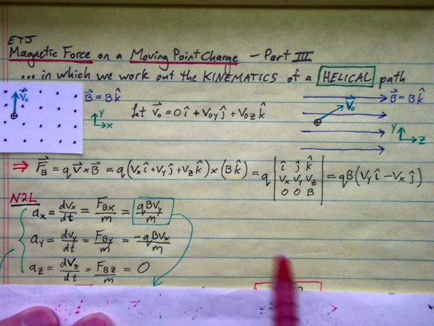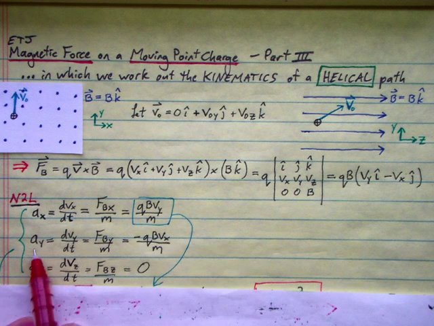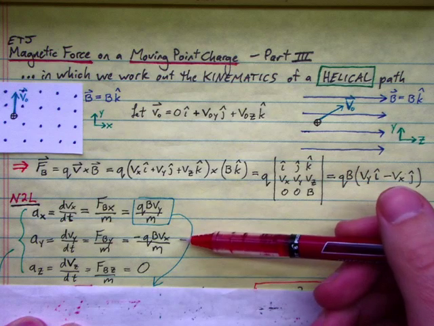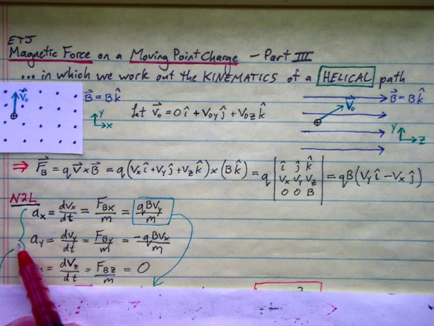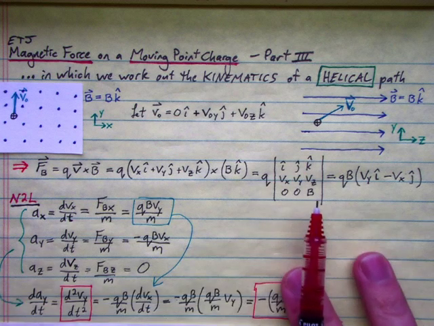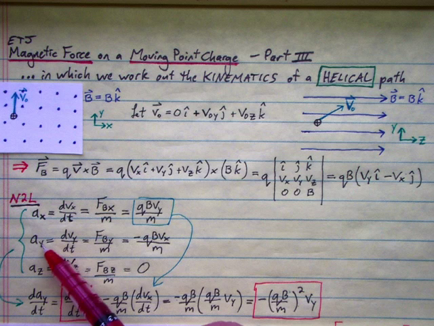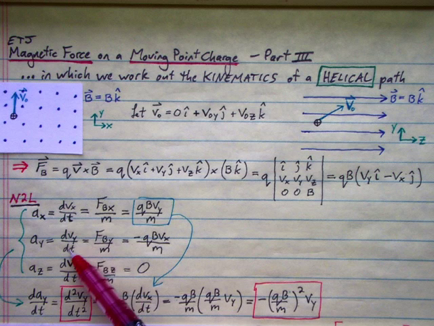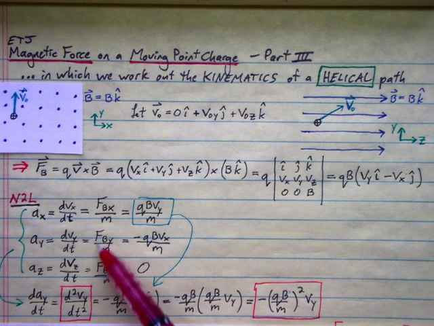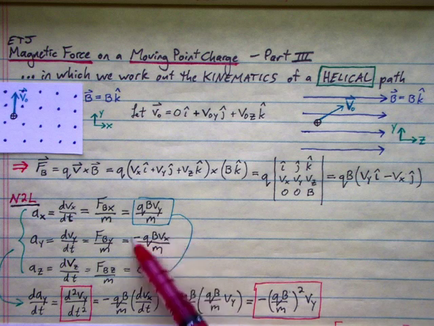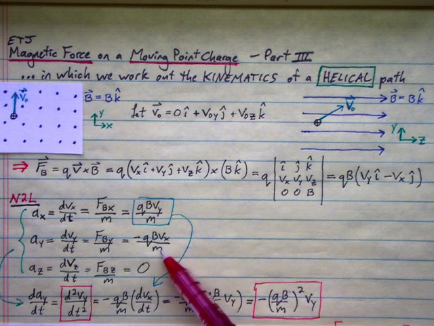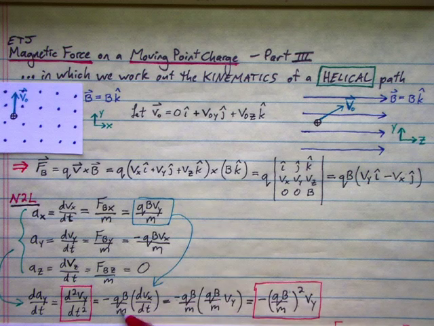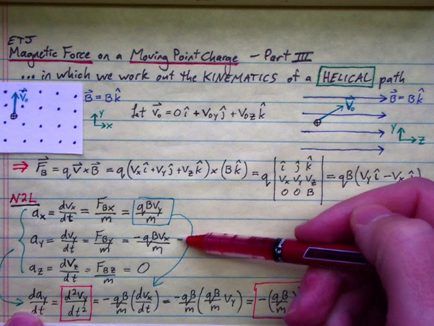So to do that, I'm going to try a little trick here. I'm going to look at the second of these three equations and take the time derivative of this whole equation. So day/dt will be equal to d squared Vy/dt squared. Skip this term, go over here, and we want d/dt of this. qB and m are constants, so it'll be minus qB over m times dVx/dt. Okay, so this is what we've gotten from taking the time derivative of the second equation.